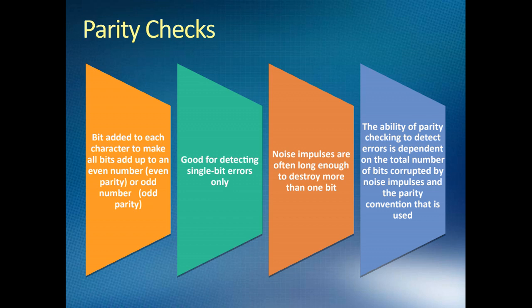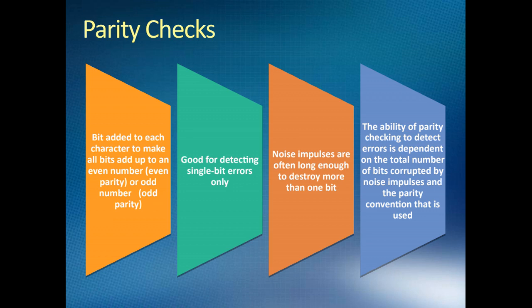Okay, parity check is a bit added to each character to make all bits add up to an even number. I am sending a frame, and I will tell the receiver that you will receive an even number. How do I make a number even in binary? The last digit must be 0. If it is 0, then it is even. If it is 1, it is odd.